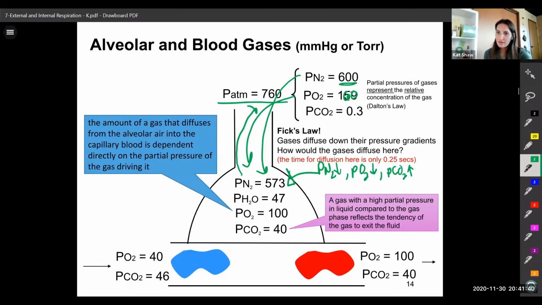Then we have to make another comparison for our partial pressures, that between the partial pressures in this residual airspace within the alveoli and the capillaries, the pulmonary capillaries. Here we have deoxygenated blood coming to the pulmonary capillaries, then oxygenated blood leaving the pulmonary capillaries.